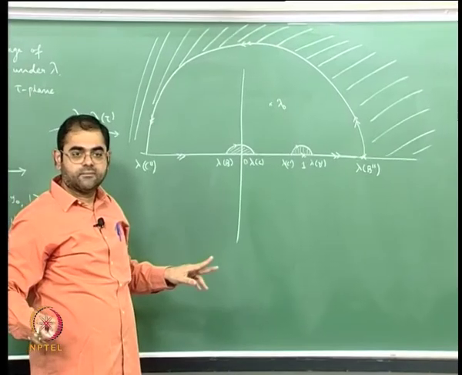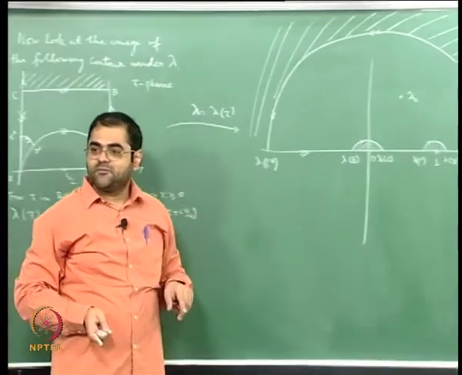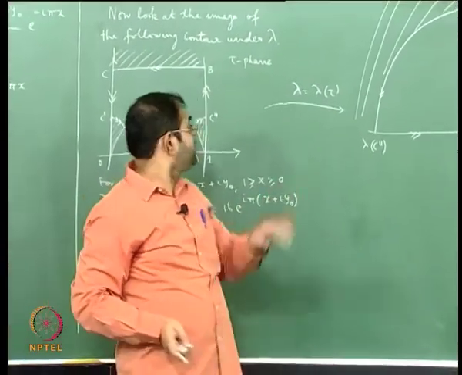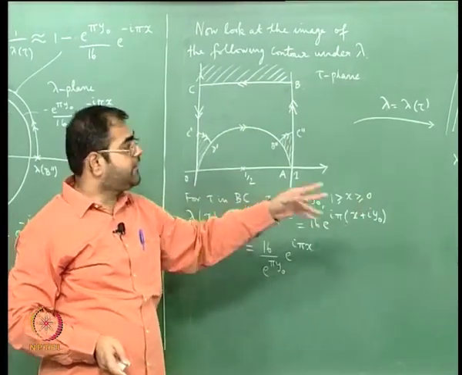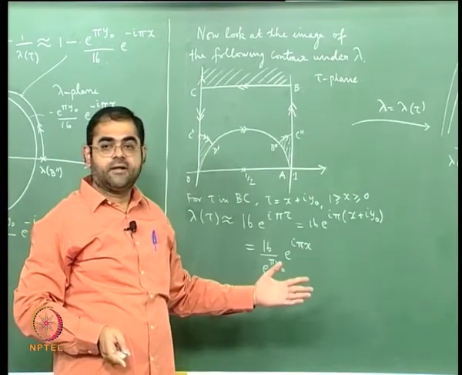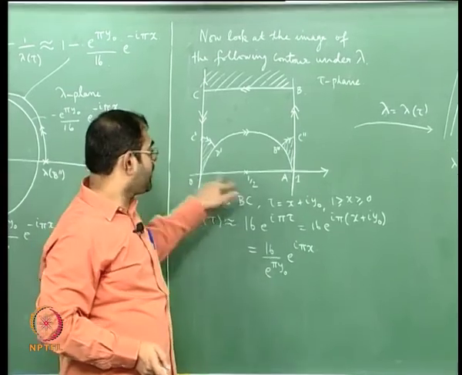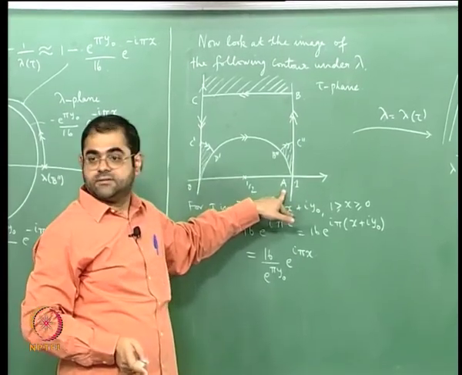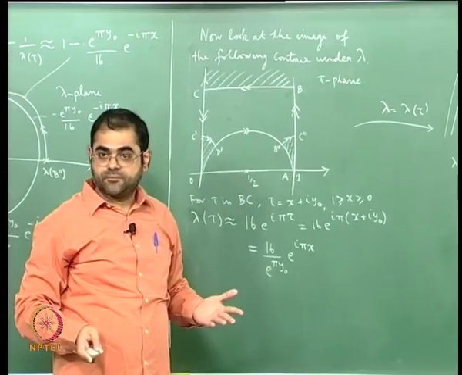So this proves that lambda is a one-to-one holomorphic mapping from omega to the upper half plane. And of course we have already proved that you can extend it to the boundary in a continuous manner, so that at 0 it takes the value 1 and at 1 it takes the value infinity. So that literally completes the proof of the theorem.